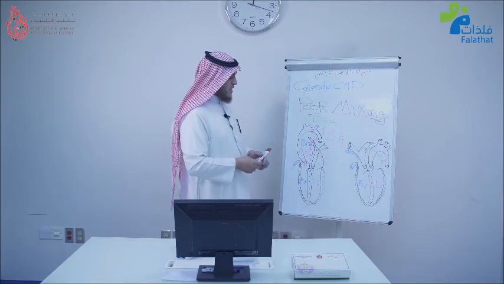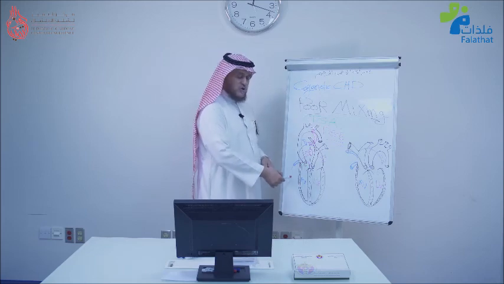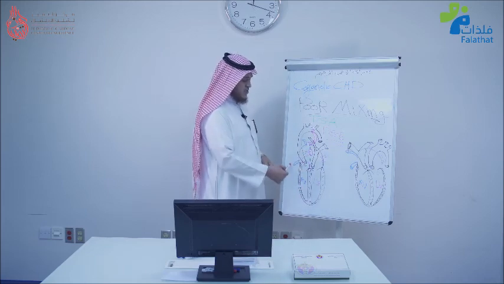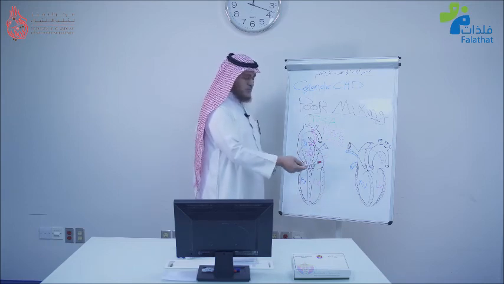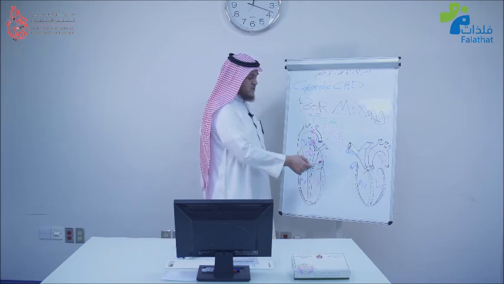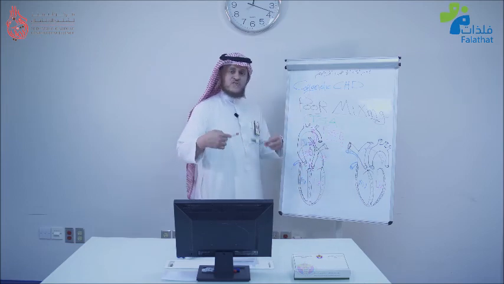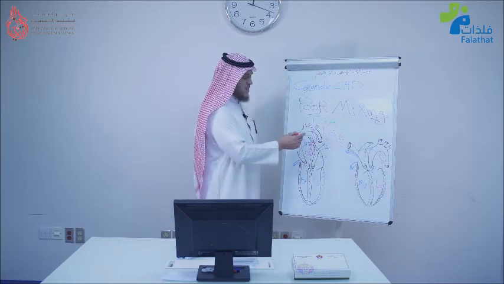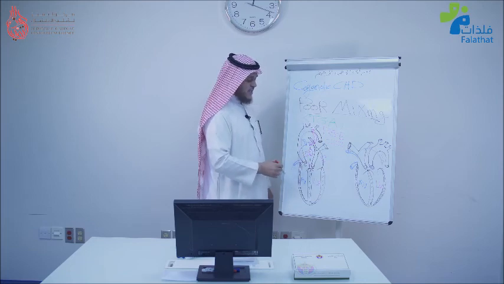Actually, in transposition the venous return goes to the right ventricle, to the aorta, back to the right ventricle, to the aorta, and the pulmonary blood flow goes from the lungs to the left ventricle, to the lungs, to the left ventricle again, a closed circuit, not mixing, and that's why they demand a mixing site, which is either the PDA or the ASD.